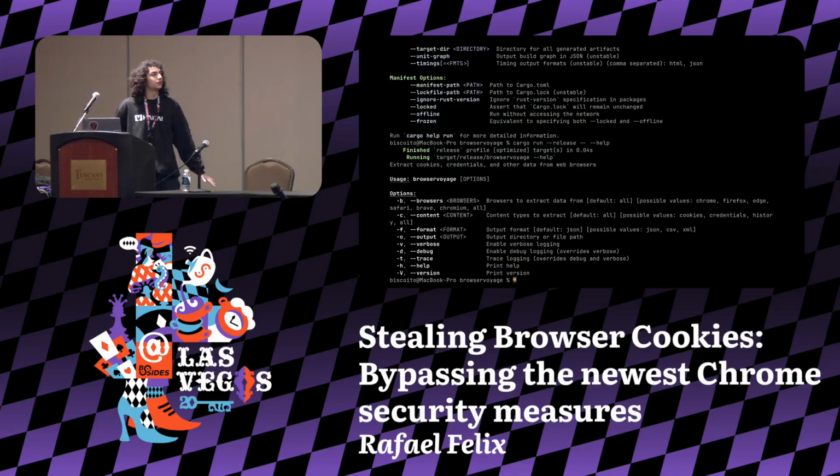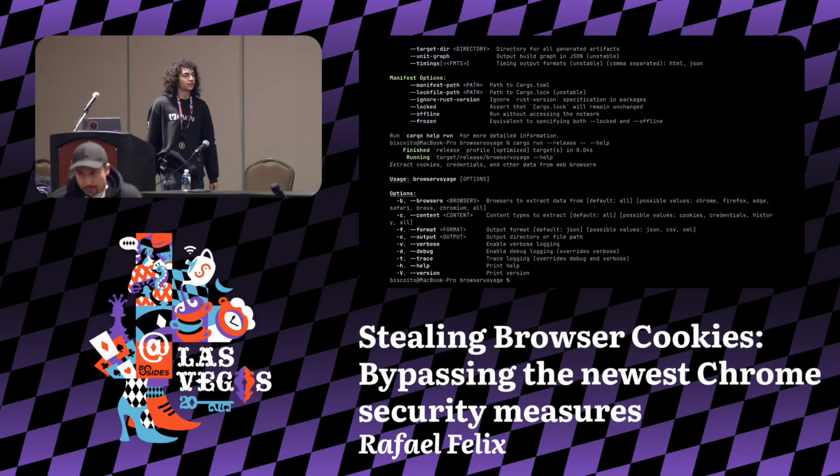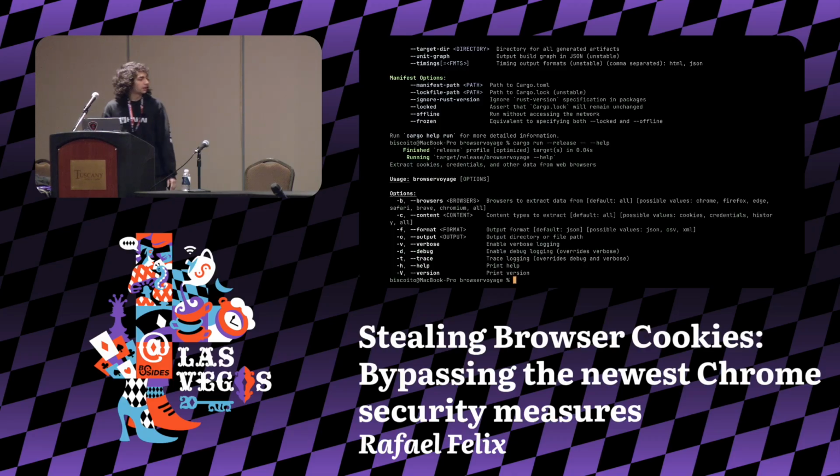Even if you guys want to help with the development process, you can. The repository is licensed with GNU GPL v3. So if you want to implement the history, it's just a history SQLite with no encryption at all. The format you want to export: JSON, CSV, or XML. The output: verbose, debug, trace, and of course, help or version.